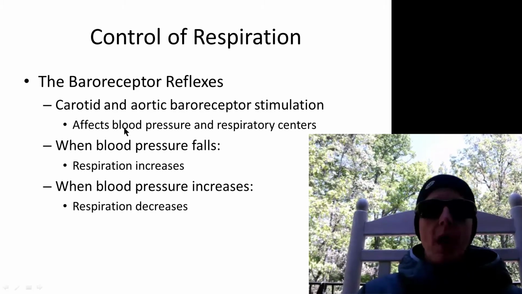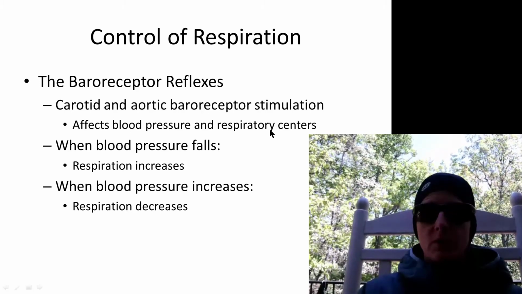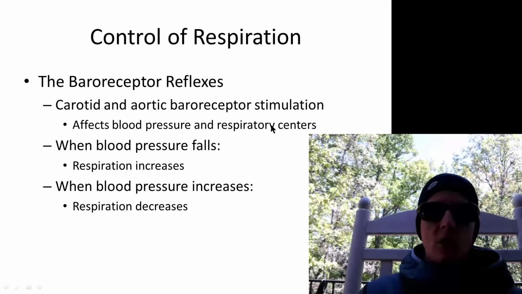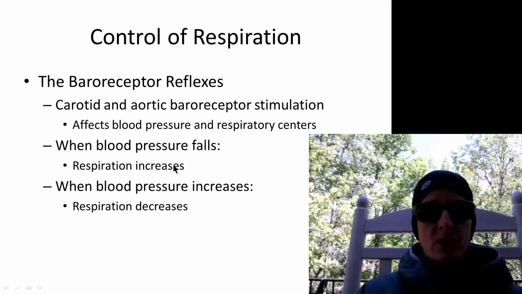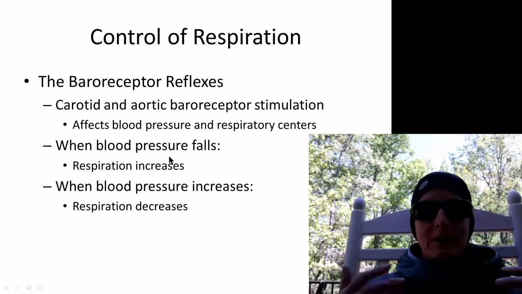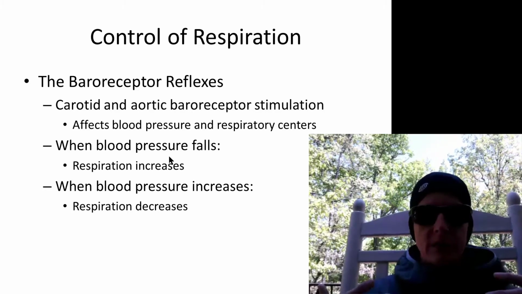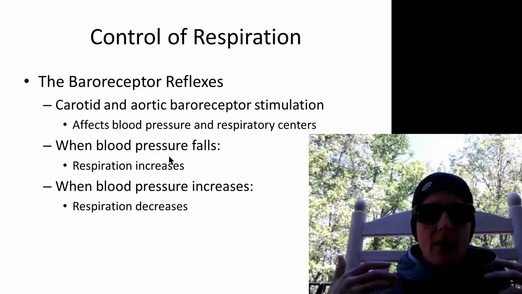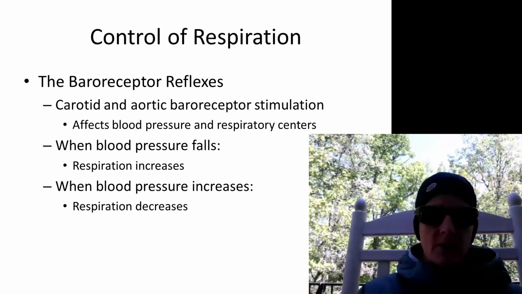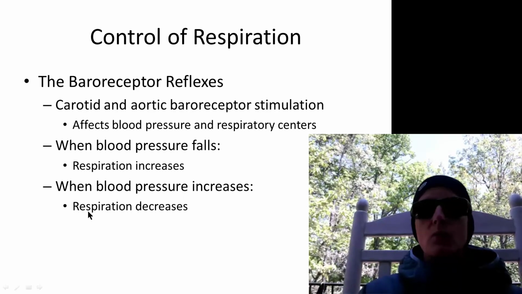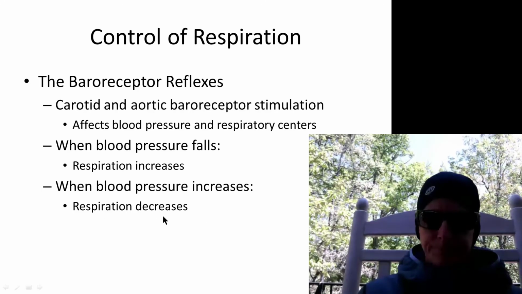And so if you have too high a blood pressure or too low a blood pressure, that is also going to affect our respiratory centers. So when blood pressure falls, respiration is going to increase. For one thing, you're going to need to increase the oxygenation in the blood, because you're not going to have enough oxygen in the blood to perfuse the tissues with oxygen. So when blood pressure increases, respiration can decrease.